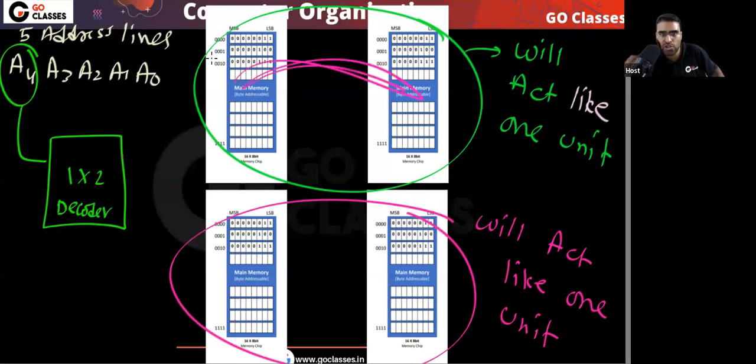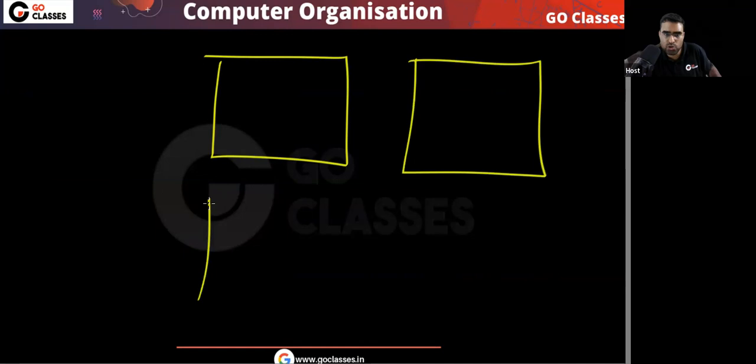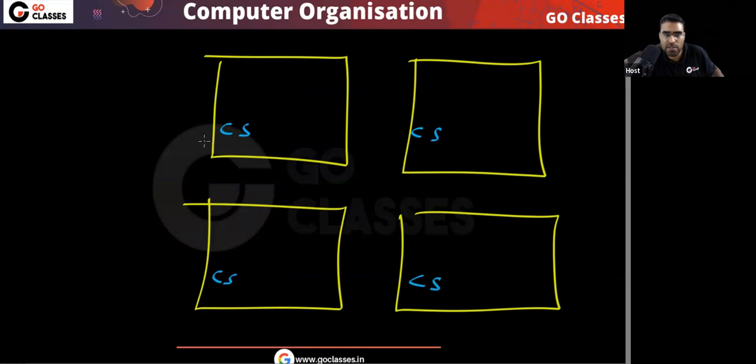How do we do the horizontal arrangement? Basically, these 2 chips you will put horizontally. Now there is a chip select here. I already told you that these 2 chip selects we will connect.